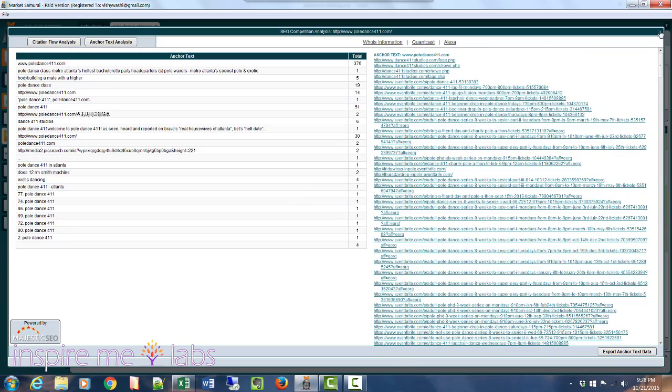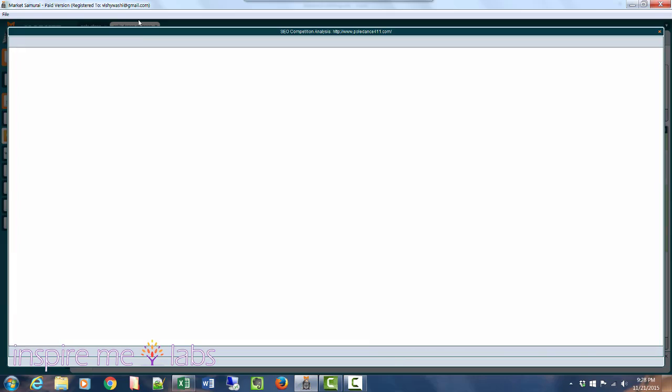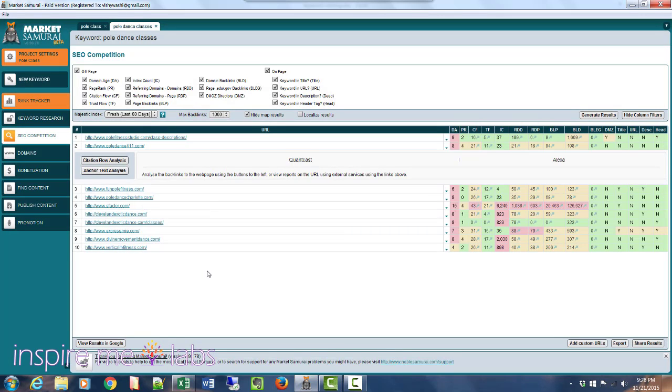It gives you a quick overview and analysis, and you can quickly analyze any keyword and find out how difficult it would be to rank for the keywords you want.